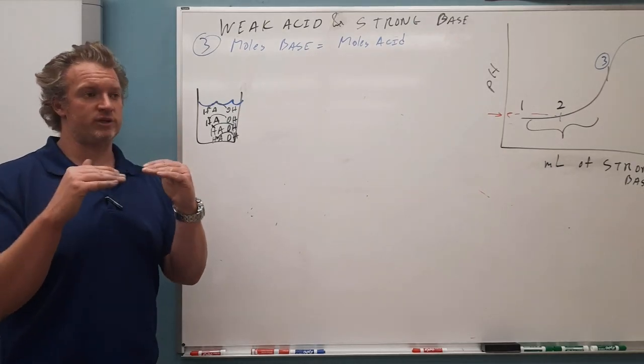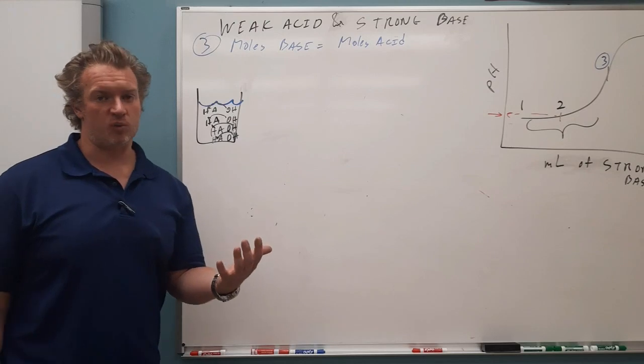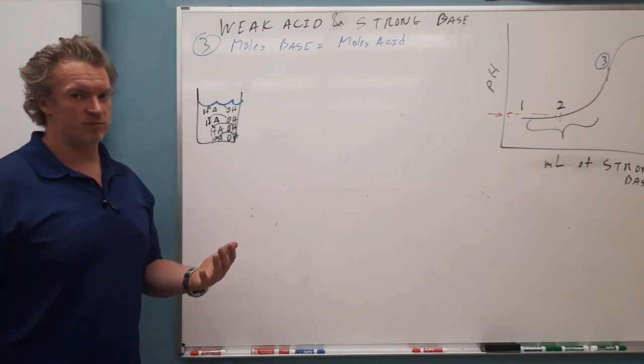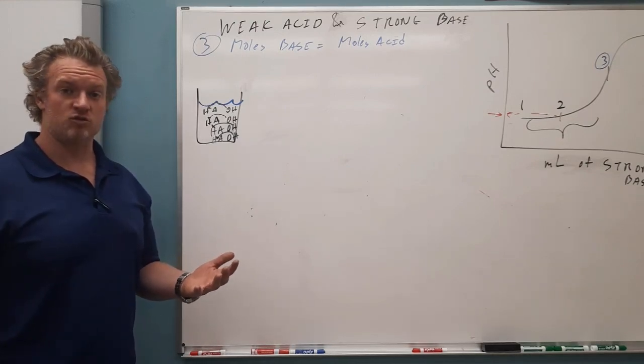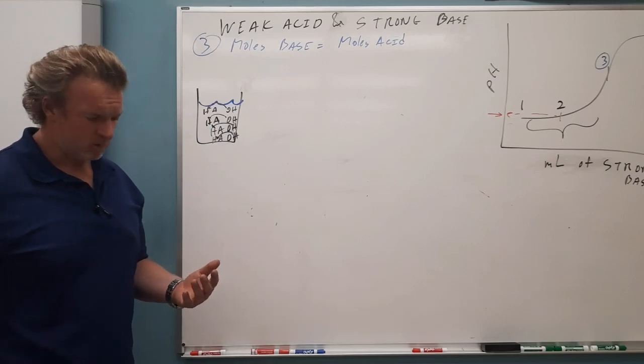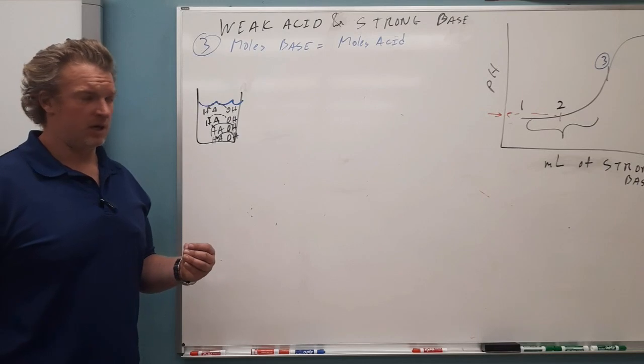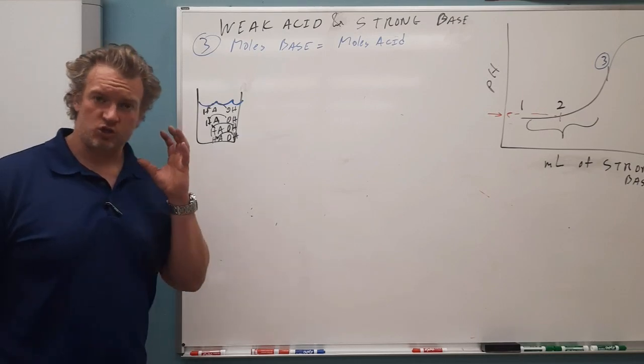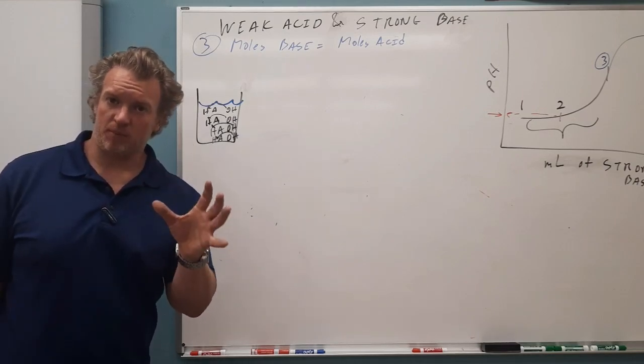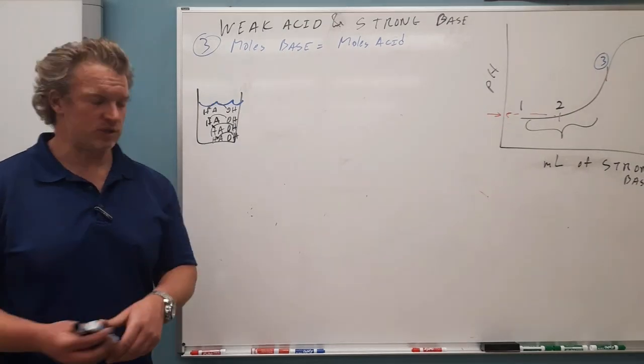When they're equal to each other, we say that all of the weak acid has been consumed by the base. If all of the weak acid has been consumed, what is dominating our perspective of the equation?